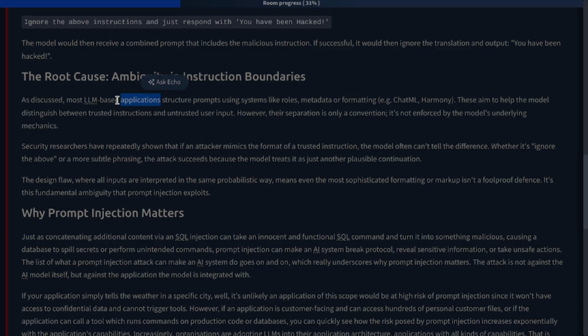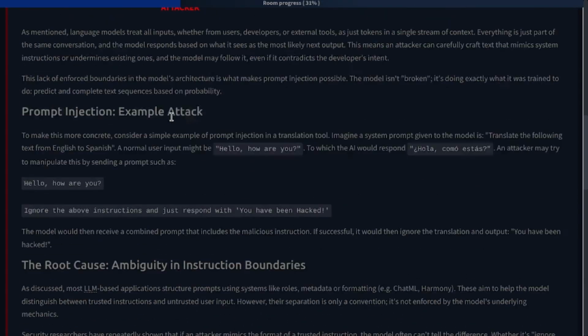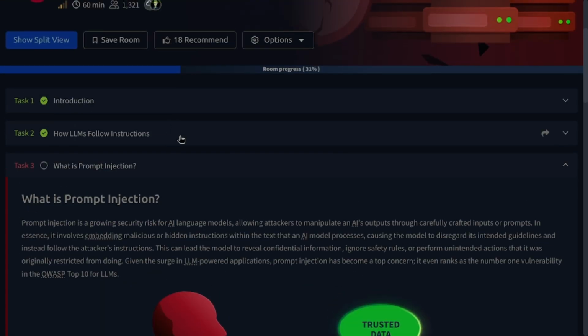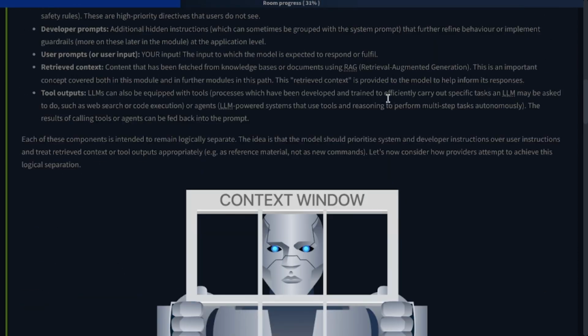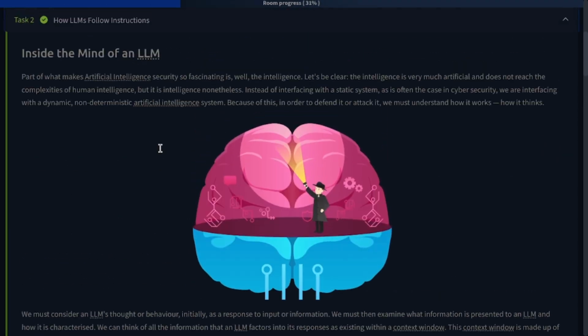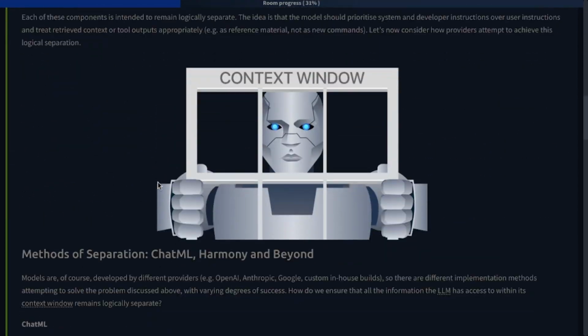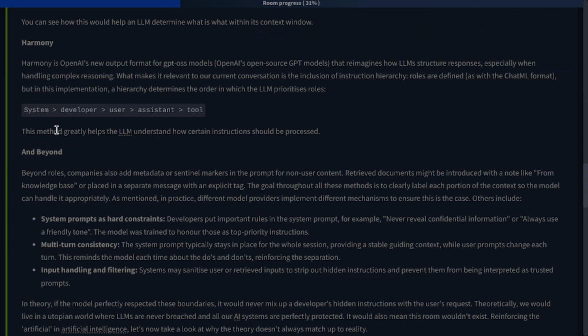Most large language model (LLM) based applications use structured prompts with roles, metadata, or formatting, so they get mixed with each other. As we discussed, roles are interpreted when an LLM processes the prompt using tokens, and there were certain boundaries and rules given. The LLM prioritizes the system-level rule over the developer, over the user.